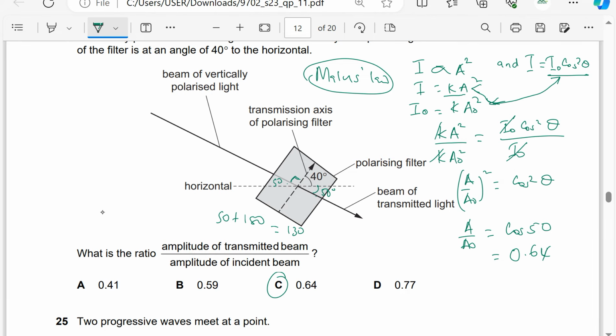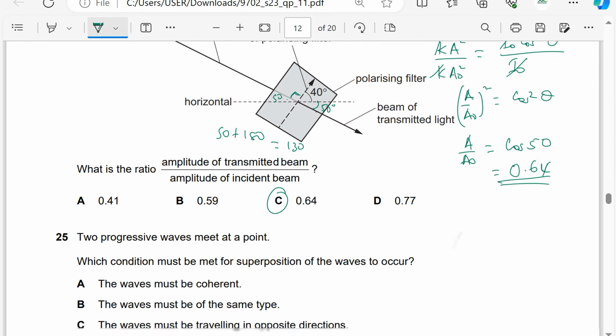Of course, we would get the cos, and that would be negative, but that is still the same magnitude. So the answer is going to be 0.64, which is C.